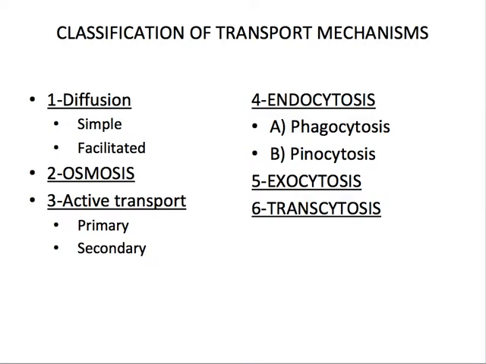Then transcytosis is a common route for the substances to pass between plasma and the interstitial fluid. So all these basic definitions or the basic concepts, they can make one of your MCQs, the multiple choice questions.